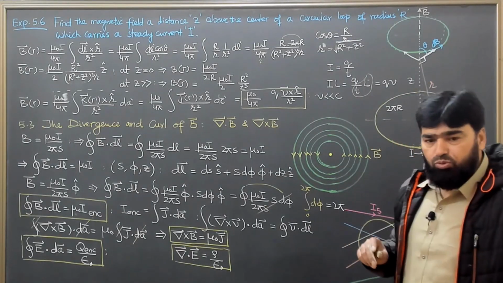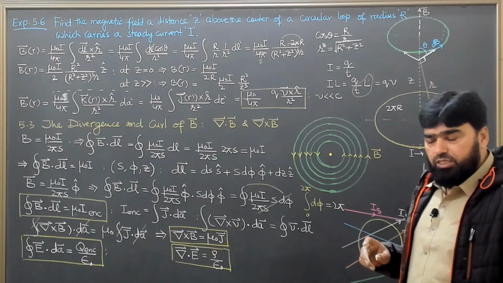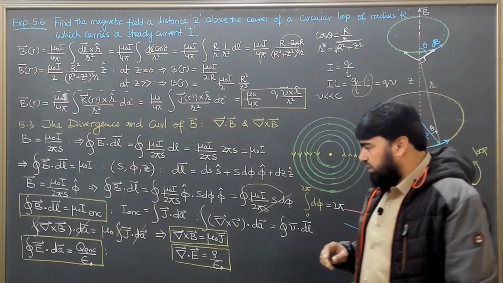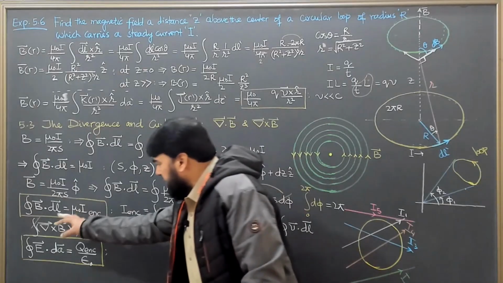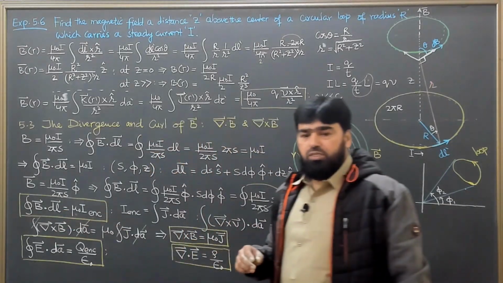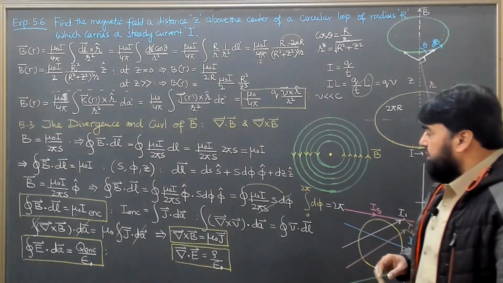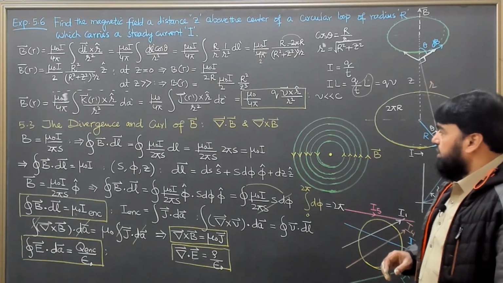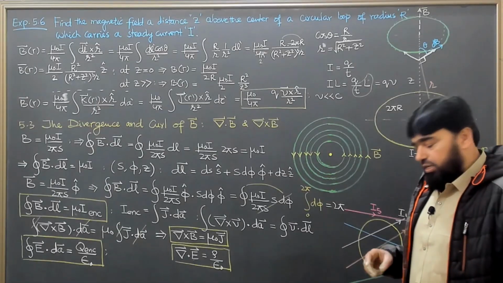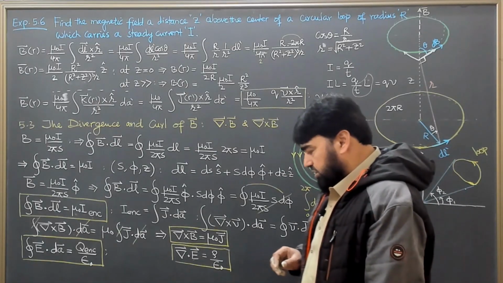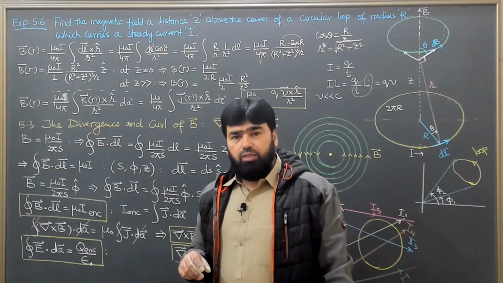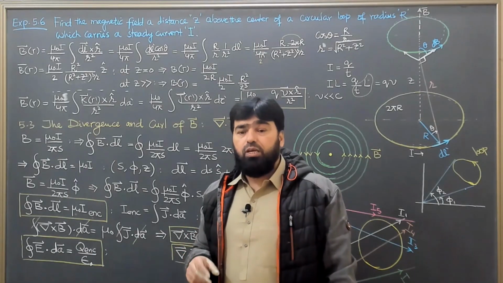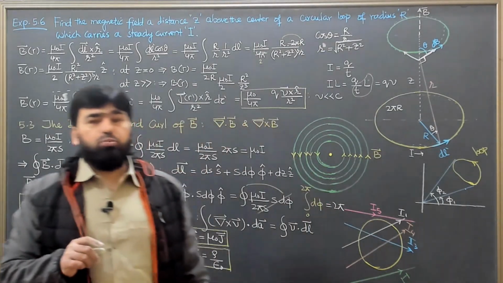Epsilon naught and mu naught are the permittivity and the permeability we have. Similarly here, the resemblance is also evident. So with this, we are done with the curl of B, and now we will start with the divergence of B, and why it comes out to be 0.